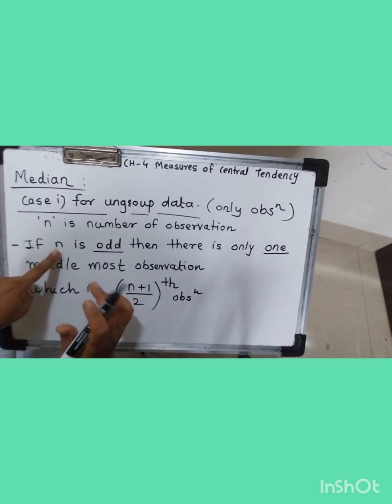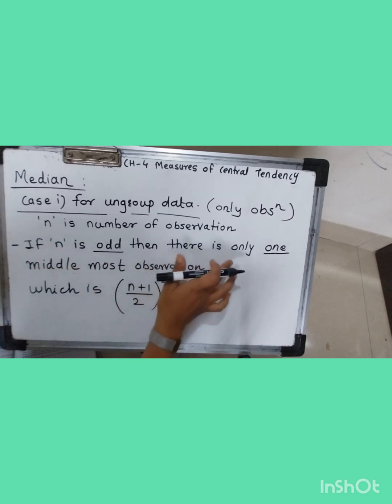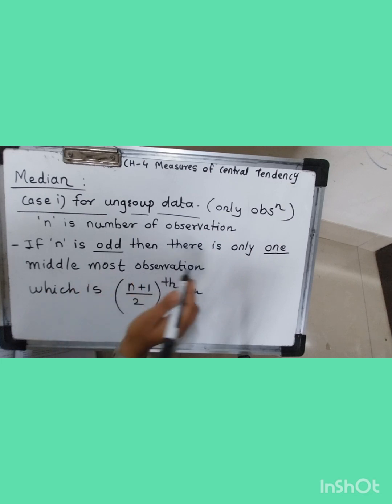If n is odd, then there is only one middlemost observation, which is the (n plus 1) divided by 2th observation.